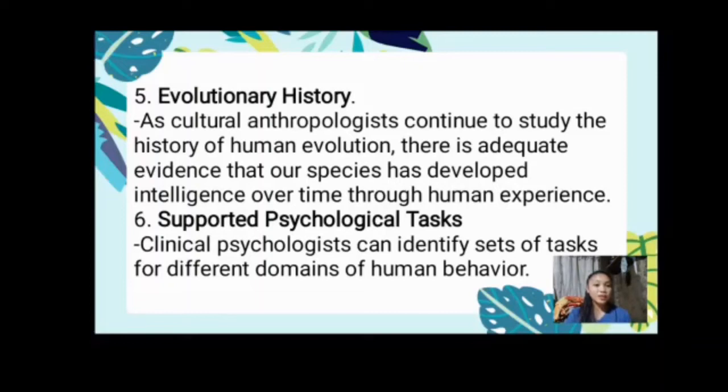Clinical psychologists can identify sets of tasks for different domains of human behavior. True intelligence can be identified by specific types of tasks which can be carried out, observed, and measured on how our capabilities become.